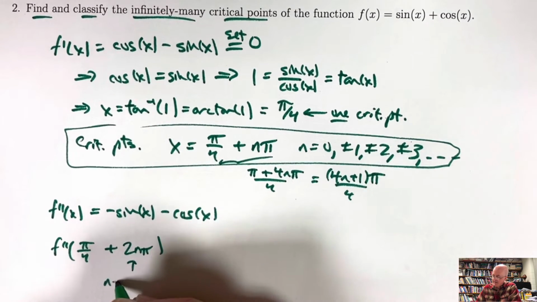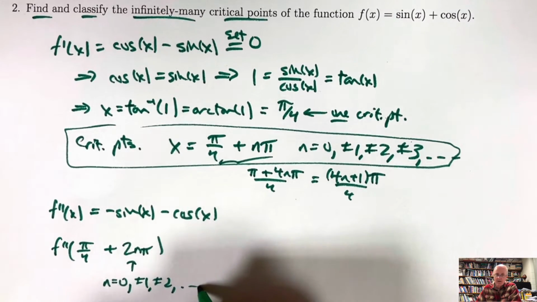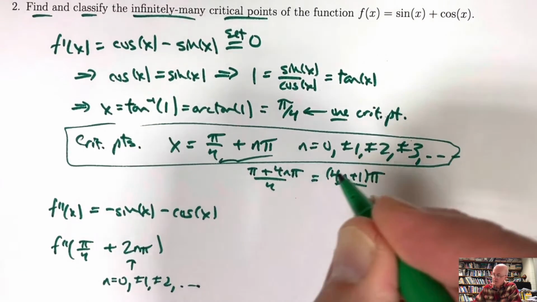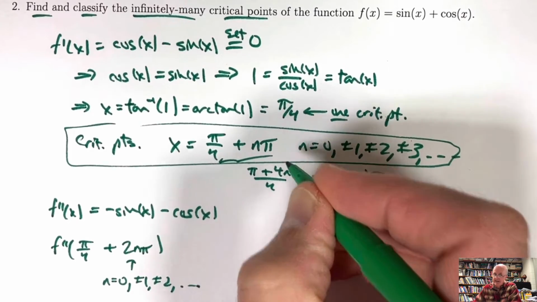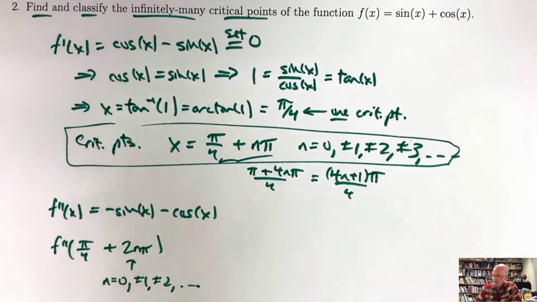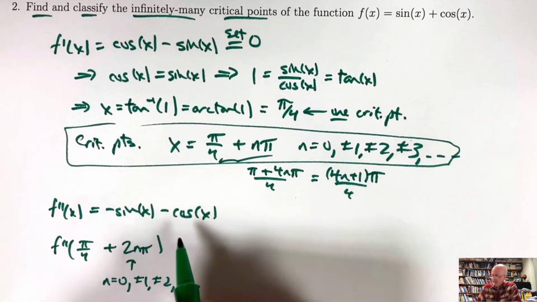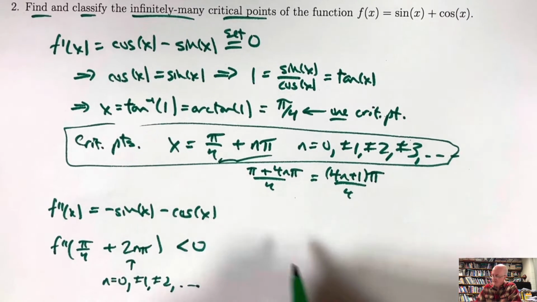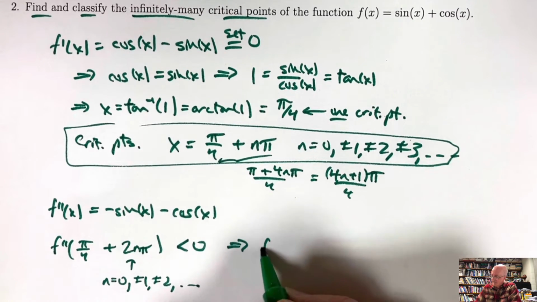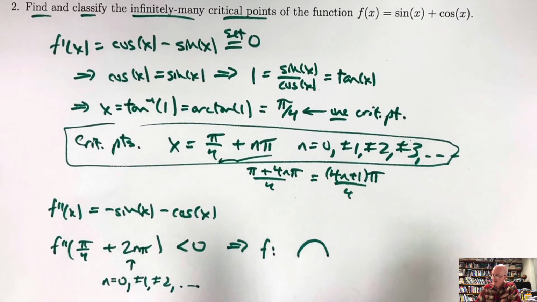But now in this expression, n is 0, plus or minus 1, plus or minus 2, etc. Again, for emphasis, corresponding to these answers when n is even. Plug those in, you're in the first quadrant. The sine and cosine are both positive. In fact, they're both square root of 2 over 2. Two negative signs makes this negative. So at these critical points, f is concave down, and they are local maxima.